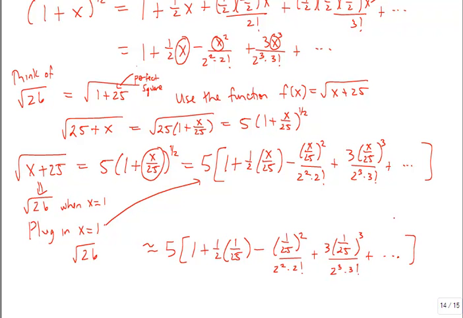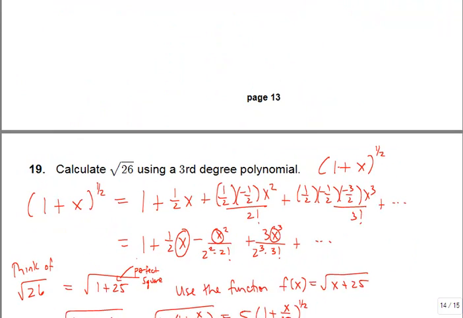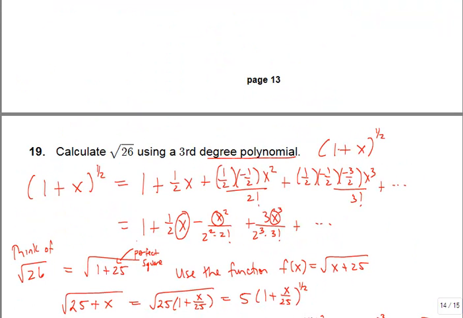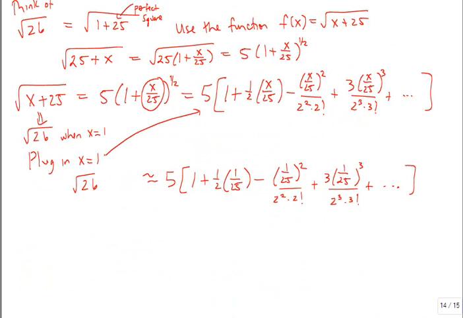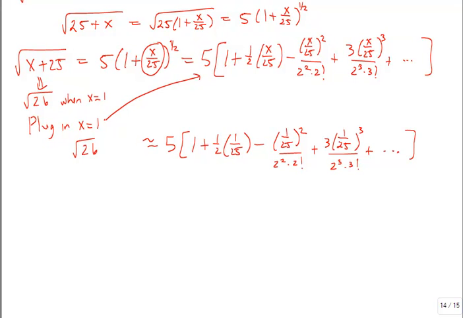Now we could go on here forever, but this particular problem told us to just use a third degree polynomial. So it's actually telling us when to stop. We're going to stop after this cubic term. So I'm actually going to take this dot dot dot out and just compute this. On your calculator, it's messy, but you can do it.